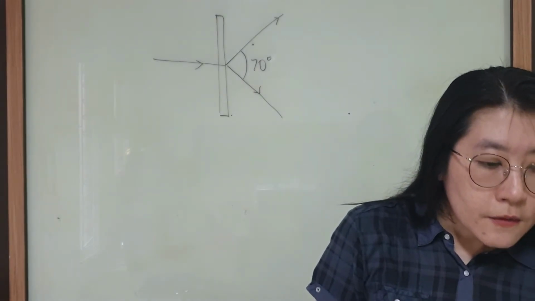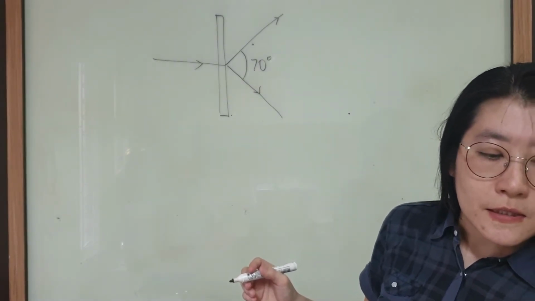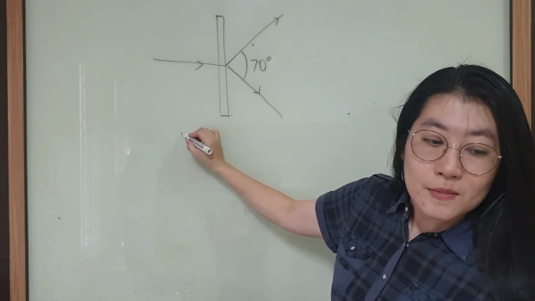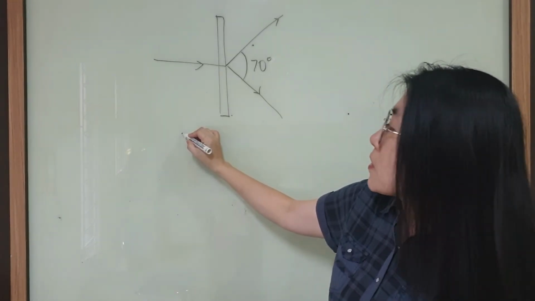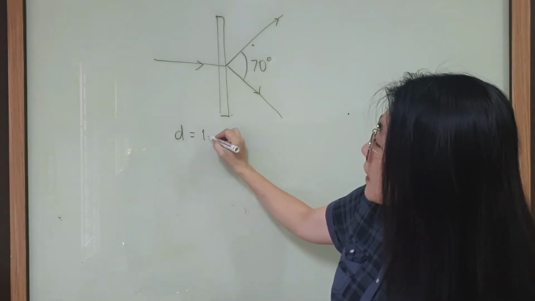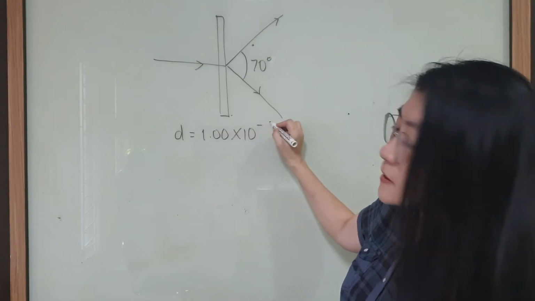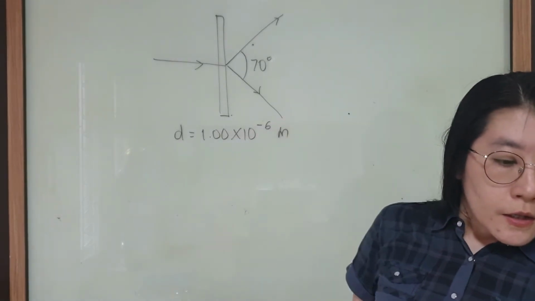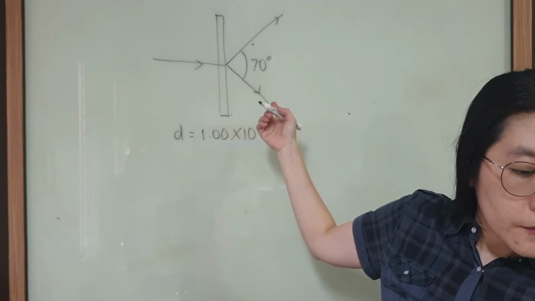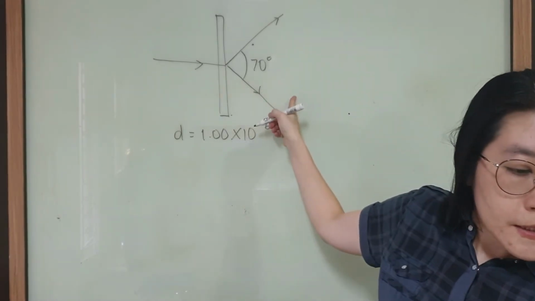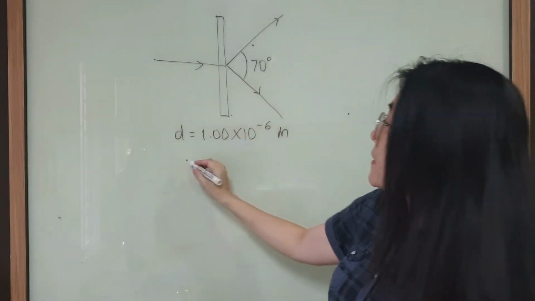And given the spacing of the slits in the grating, it is D, 1 times 10 to the minus 6 meter. The angle between the first order diffraction maxima is 70 degrees, and we want to find the wavelength of the light.